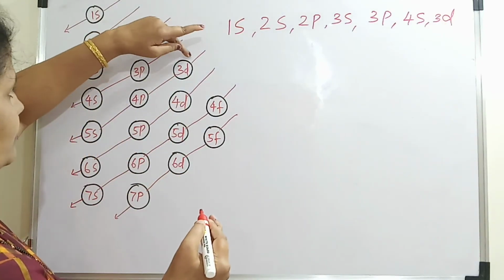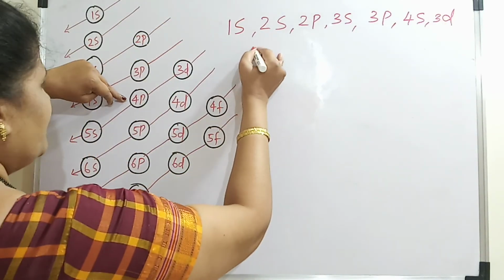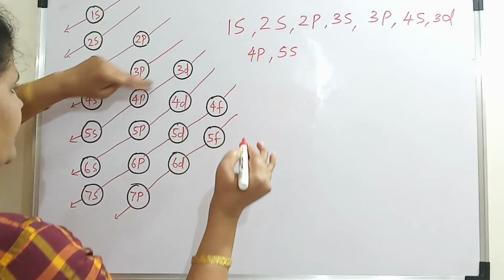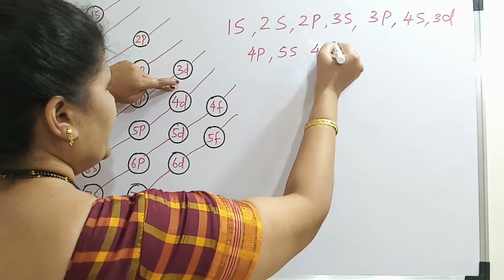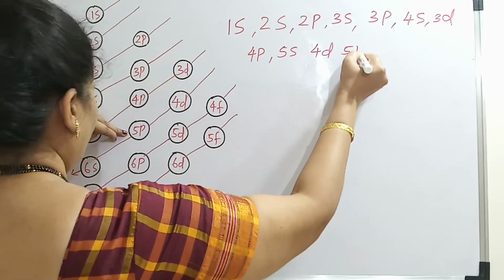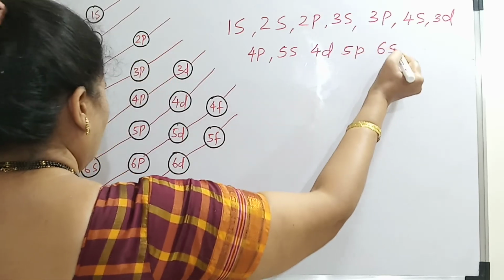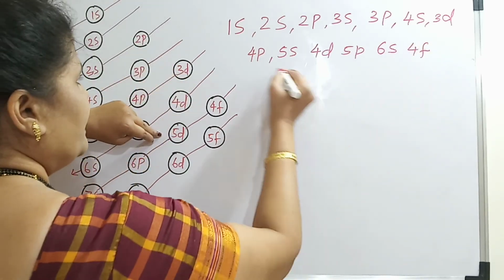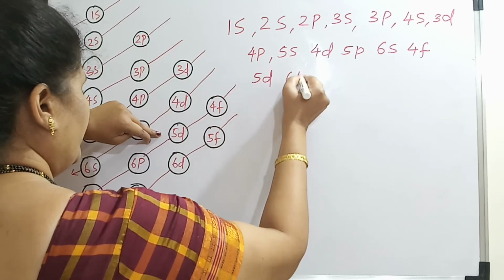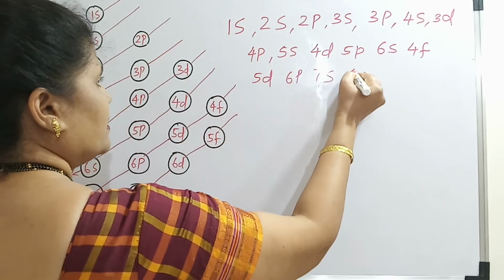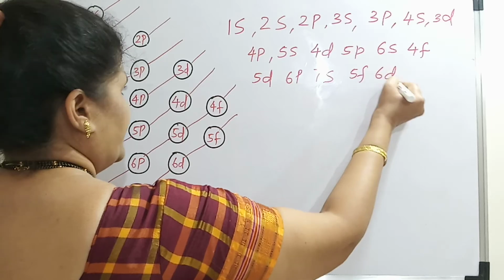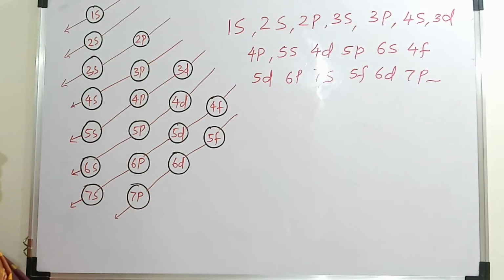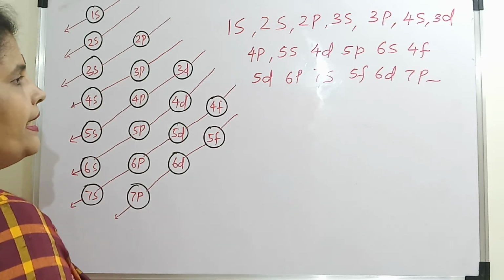Again I move on, then 4p, then 5s, then 4d, 5p, 6s. Then I move over to 4f, 5d, 6p, 7s, 5f, 6d, 7p, and this will continue. This is how I will fill the electrons in the orbitals by using the building up rule.